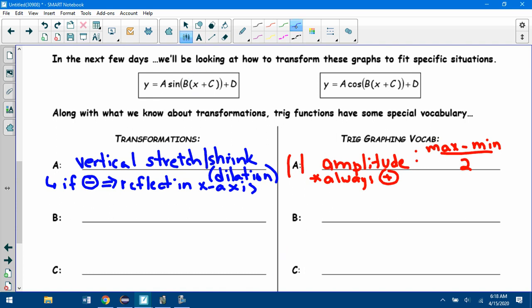Now B, we haven't done in a few months. That's a horizontal stretch or shrink. It was kind of annoying back when we did it in Unit 2.